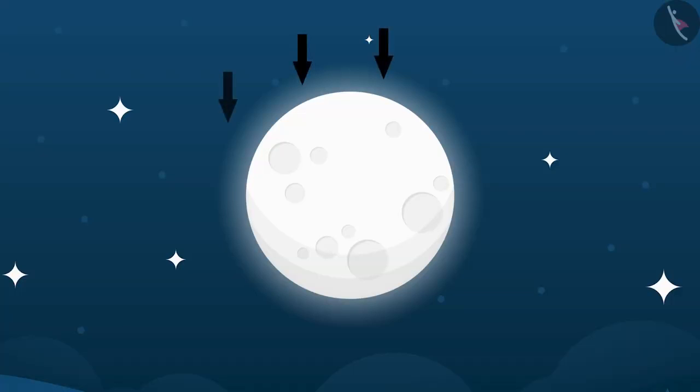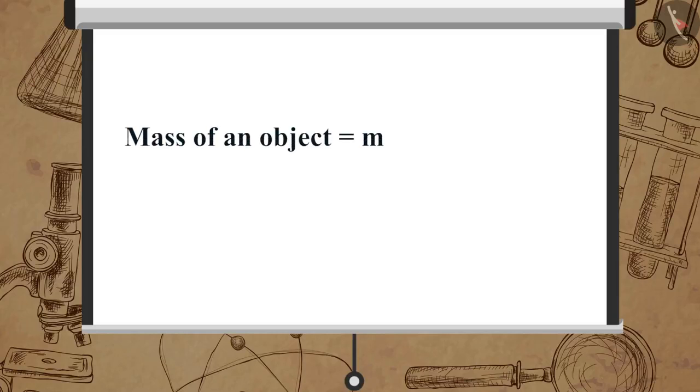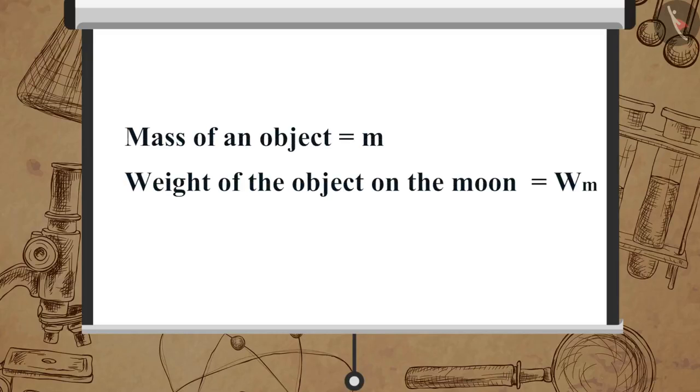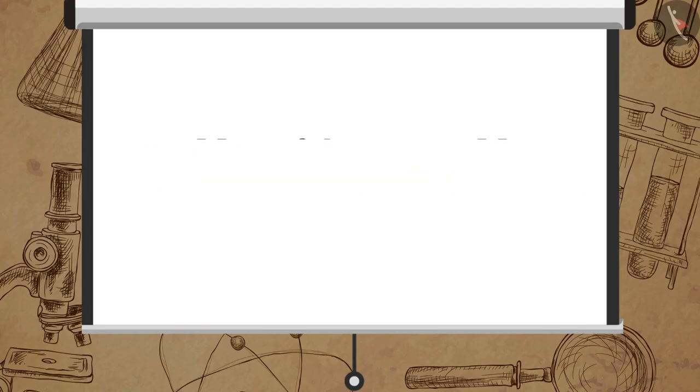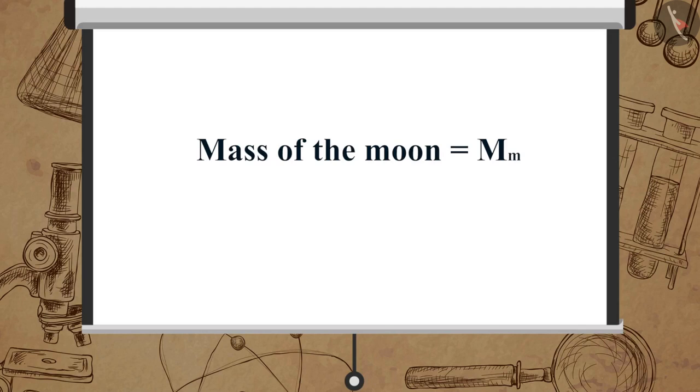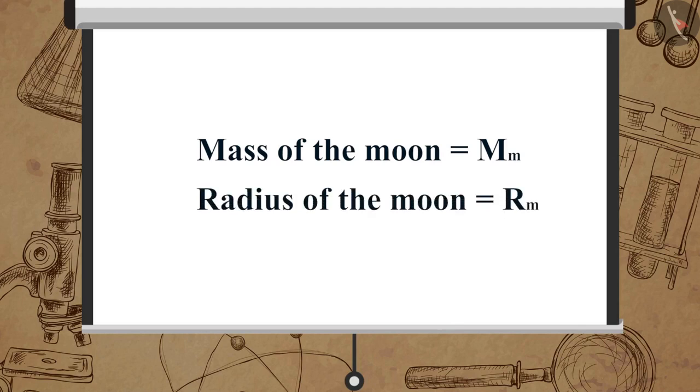Now, let us find out what is the force on the Moon. Let the mass of an object be m and let its weight on the Moon be Wm. Let the mass of the Moon be mm and its radius be rm.